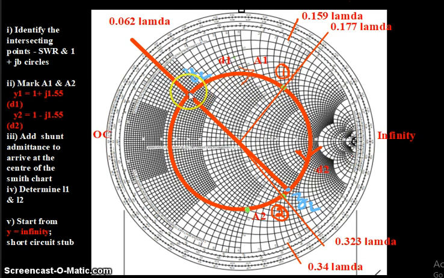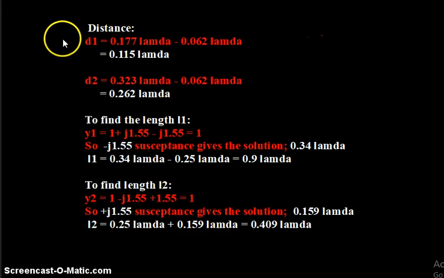We are moving towards generator from YL to A2, that will give D2. That is D1 equal to 0.177 lambda minus 0.062 lambda, that is equal to 0.115 lambda, and D2 equal to 0.323 lambda minus 0.062 lambda, that is equal to 0.262 lambda.